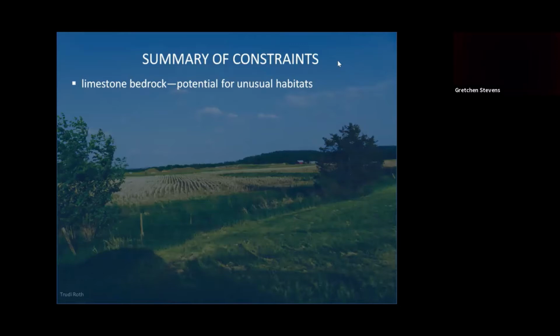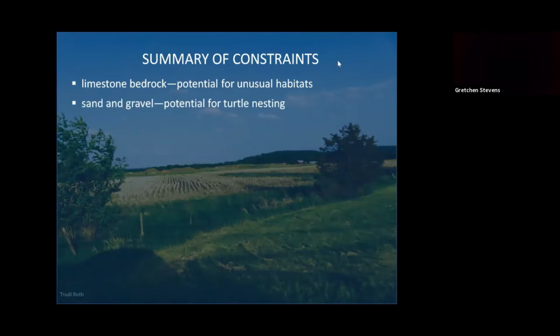It also presents some hazards for the groundwater in the site. Limestone bedrock often has cavities and fissures that allow contaminants from the ground surface to rapidly enter the groundwater.